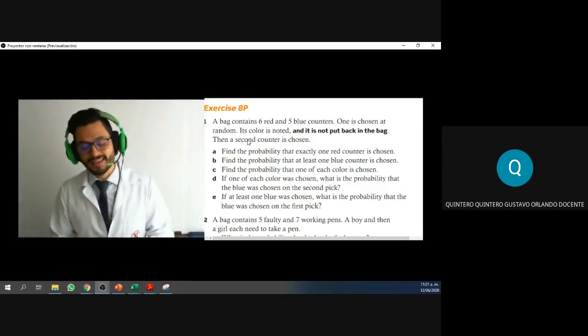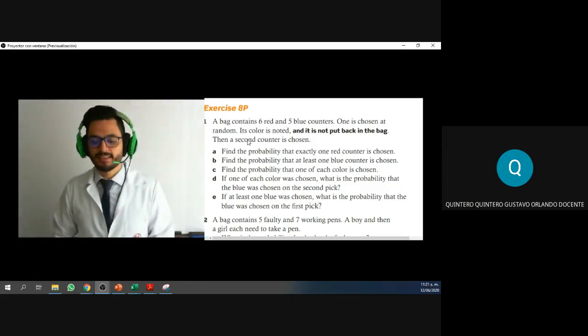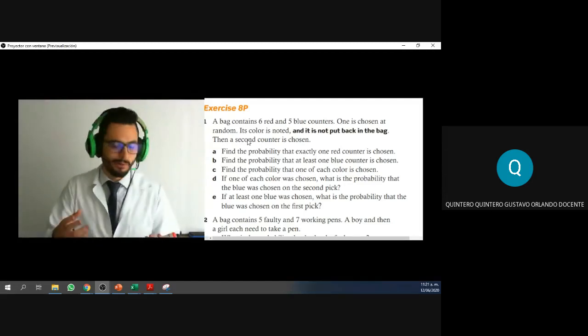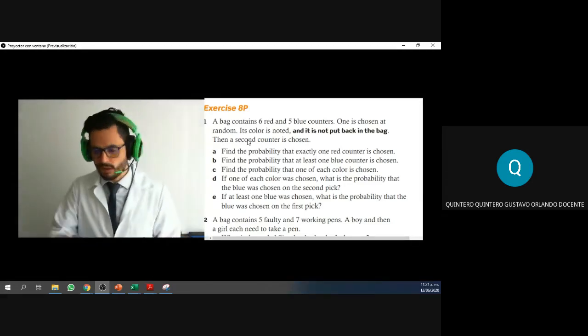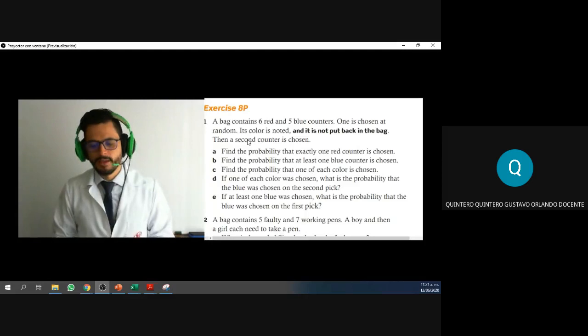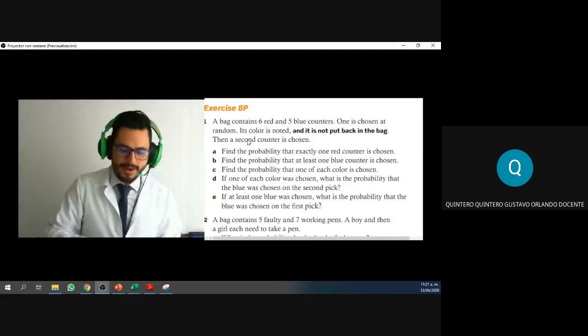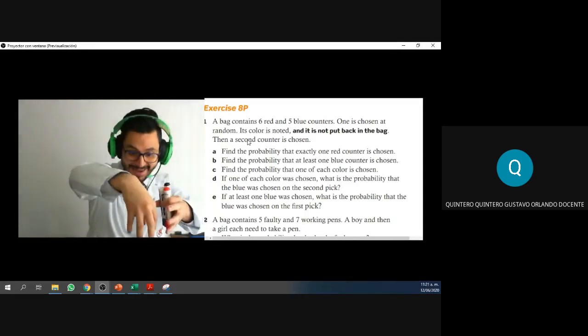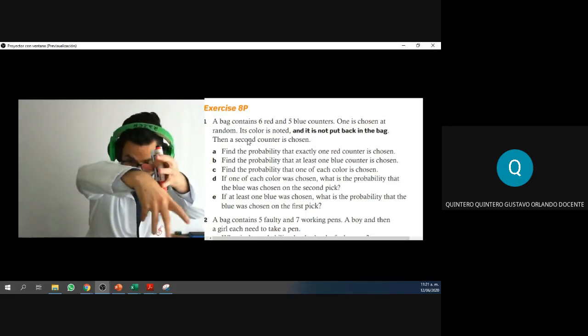Okay, so we have a bag. It contains 6 red and 5 blue counters, balls, cards, whatever you want. I'm gonna say counters. All right. We are gonna choose one at random. So we are gonna introduce the hand in the bag, scrub there, and then grab one.